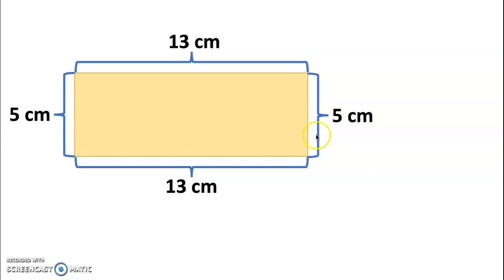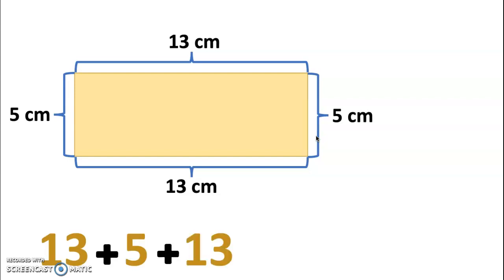Okay, so now that I know how much each side measures, or how long each side is, I can now add all those sides together. So I will add 13 plus 5 plus 13 plus 5 again. Now I have to add 13 two times because I've got this side right up here and then I've got this one right down here.